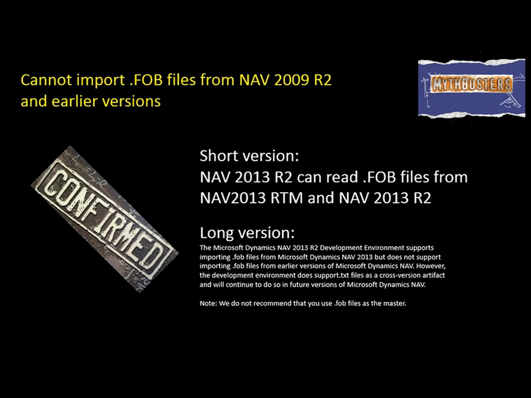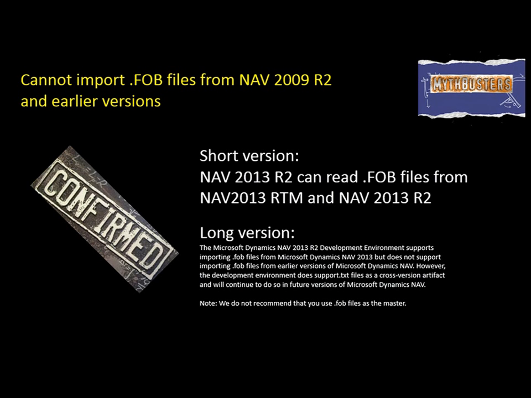So for a number of reasons, we decided to cut in 2013 RTM, so we can't read anything before 2009 R2. You need to have the 2009 version to upgrade to something that 2013 can read, and from there on you are good to go again.